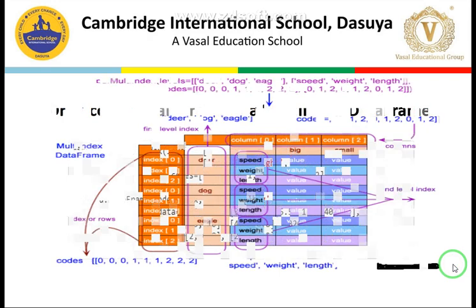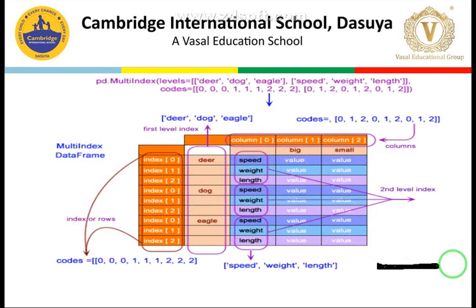Next, students, you can have a better look at this from the picture. You see here in the very first column we have the codes 000, then 111, then 222. This is for deer, dog and eagle. Clear? We named these codes in the example.